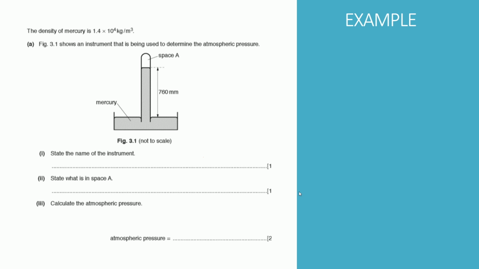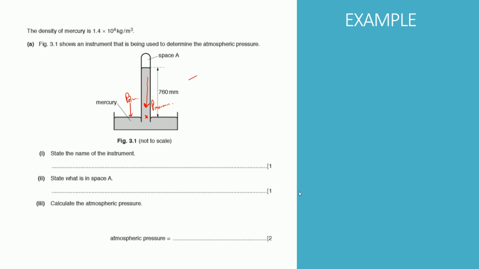And remember, you've got the atmospheric pressure pressing against here, but you've also got the pressure of the mercury going down here, and you've got the pressure point right at the base here, which is the pressure of mercury.